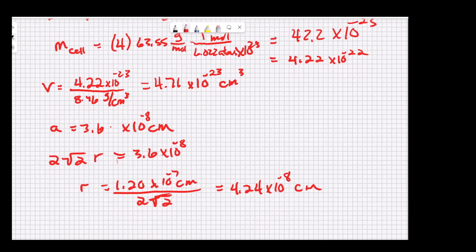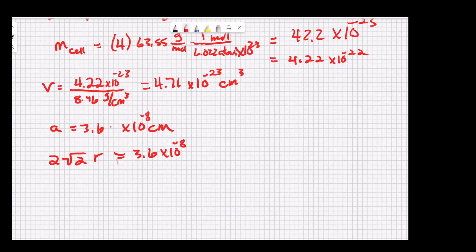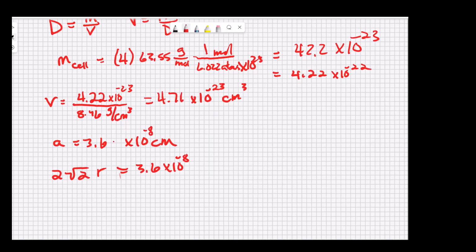So now we can divide 4.22 by 8.96, or whatever that density is. 0.47. So this should be 0.47 times 10 to the minus 23.